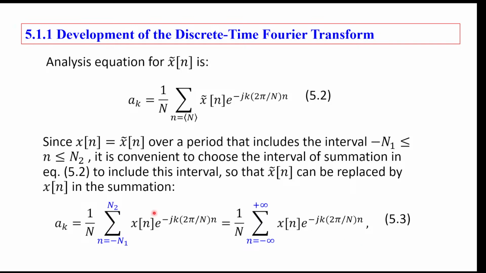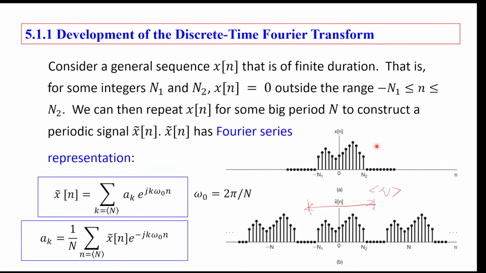So we are summing x tilde of n from -N1 to N2, and that is the same as summing x of n from -N1 to N2, because x tilde of n and x of n are the same between -N1 and N2. And summing x of n from -N1 to N2 is the same as summing over the whole line of n.